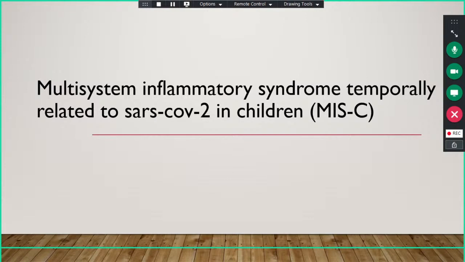A little bit about multisystem inflammatory syndrome temporally related to SARS-CoV-2 infection in children.